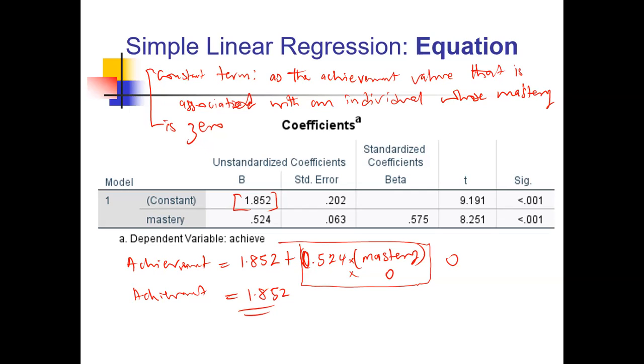Every time, for a given situation, if I don't have mastery here and have another variable there, we define them the same way. The constant will be the value of the dependent variable for someone with 0 value on the independent variable. And again, remember, this is a simple linear regression. In real life, you don't predict anything using one variable.